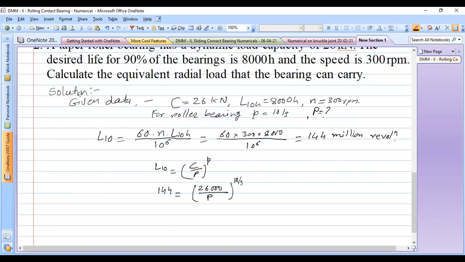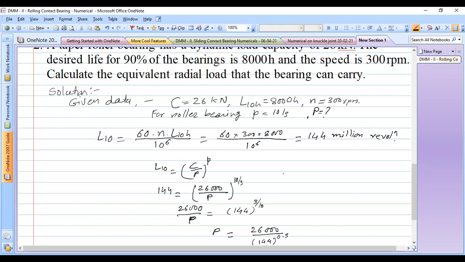Okay. Now I will send 10 by 3 to this side. So I will get 26000 by P is equal to 144 divided by 3 by 10. So from there I will get one relation: P is equal to 26000 divided by 144 raised to the power 0.3.